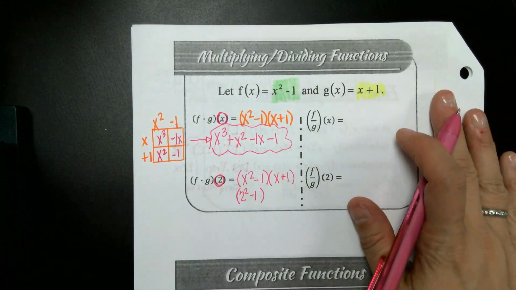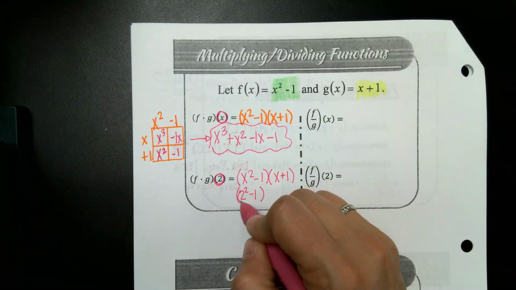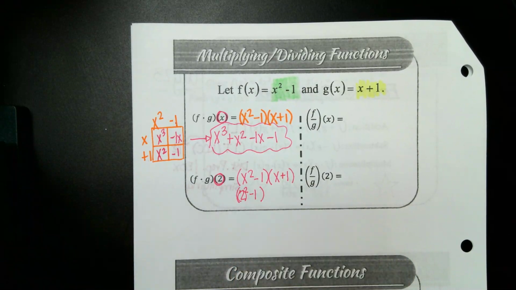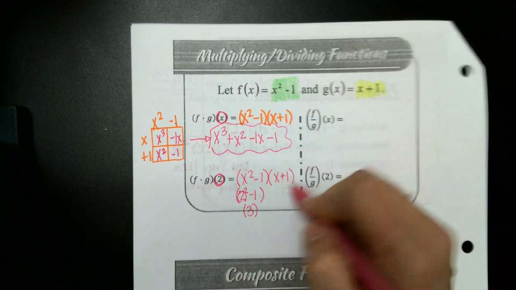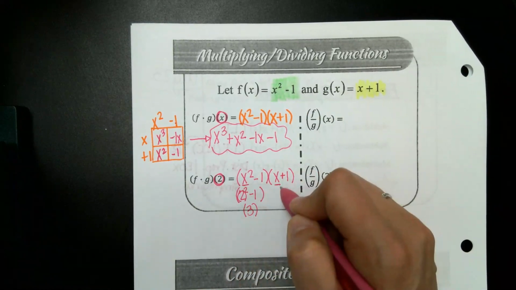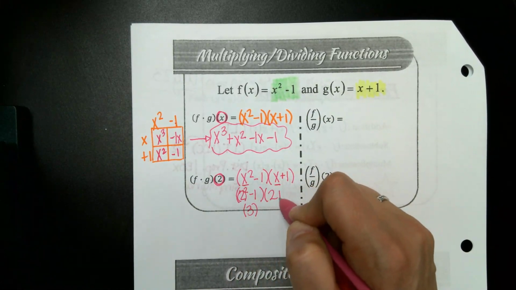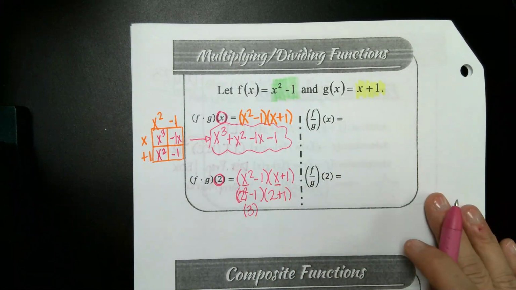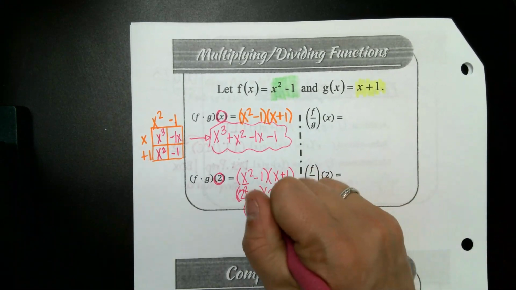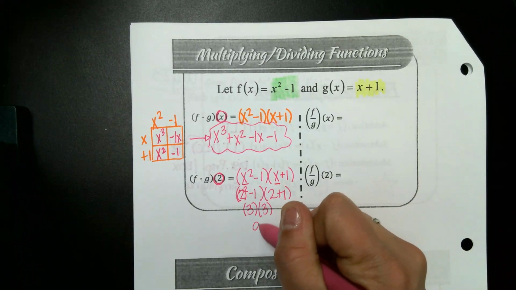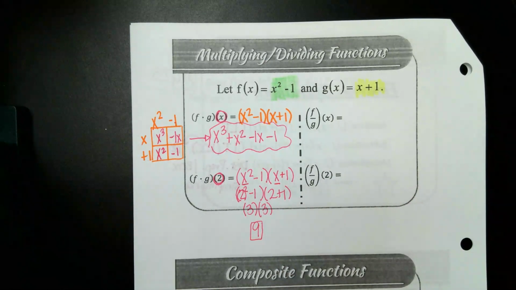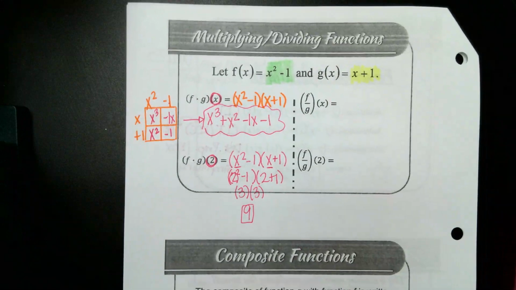What is 2 squared? 4. And what's 4 minus 1? 3. And then over here, since there's another x, I'd plug in a 2 there, 2 plus 1. And what's 2 plus 1? 3. So then what's 3 times 3? 9.